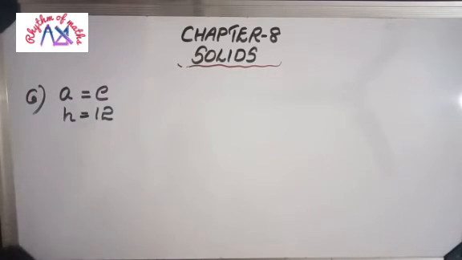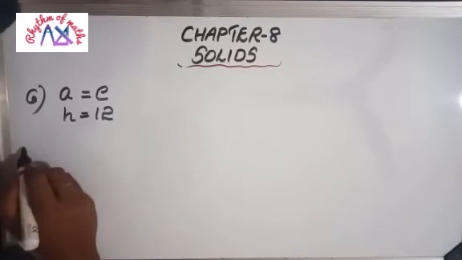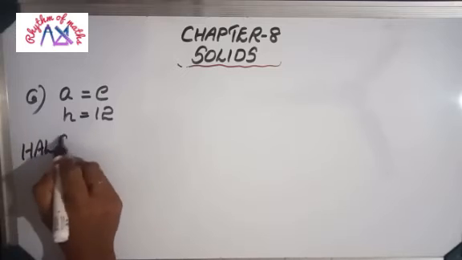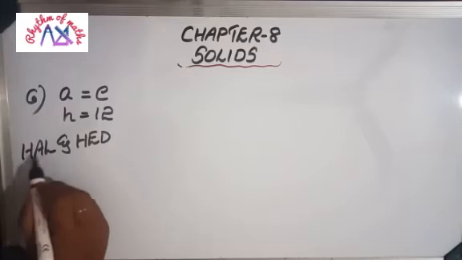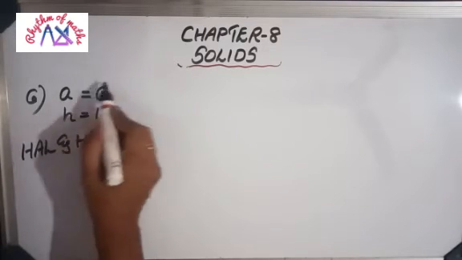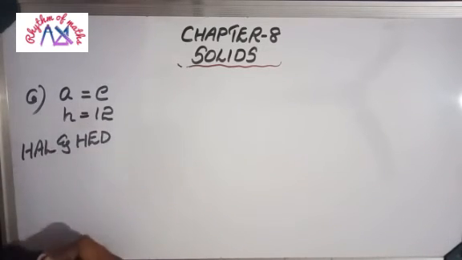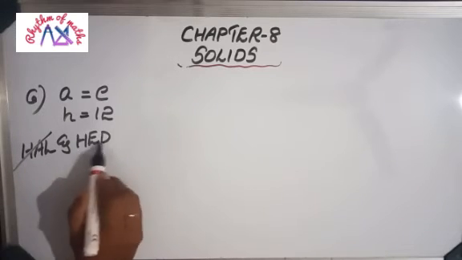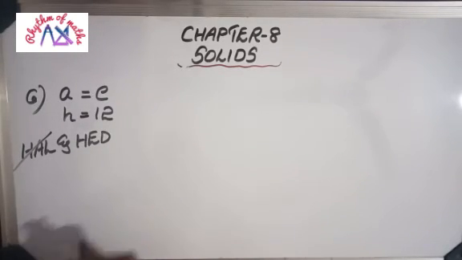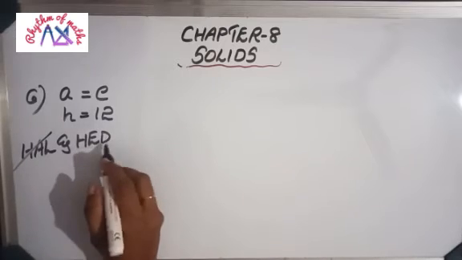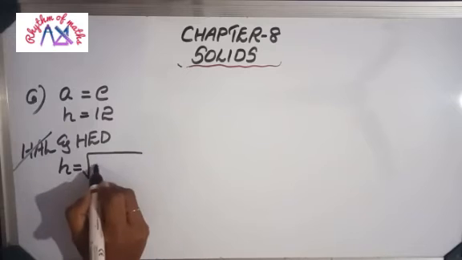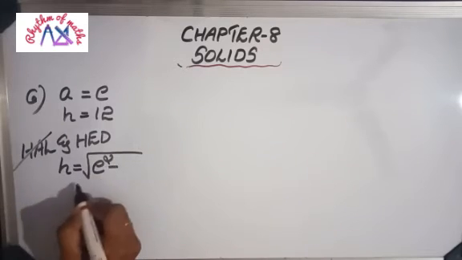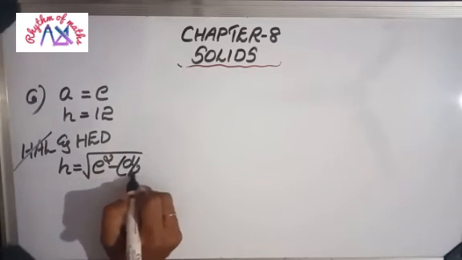Now from which two equations can we consider here for h? Two terms are there, hall and head. In these two, which is more preferable here? Hall is not possible because nothing related to slant height is given in this question. So it is not possible. That means head we can consider. By considering head, h is equal to root of e square minus (d by 2) the whole square.